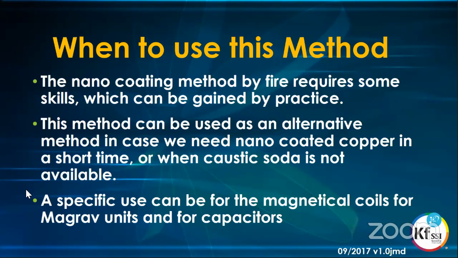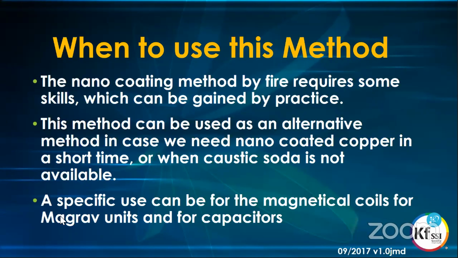So we use it when we have no time for a process which takes several weeks, like the caustic immersion method. When you have a very short time, like in a disaster area, and you need to quickly make some nano-coated copper because you want to purify some water, or you need to make some Gans.